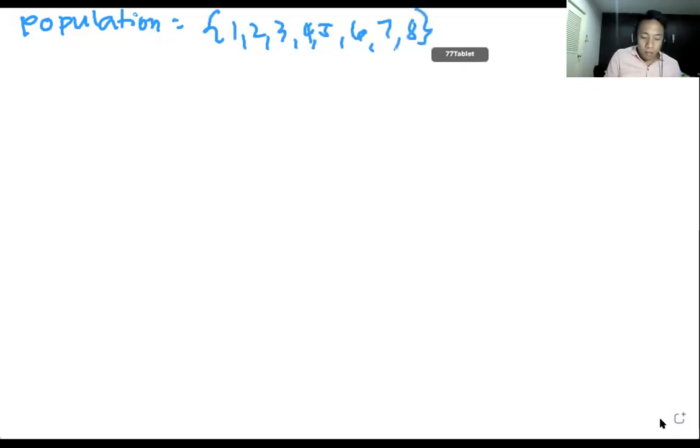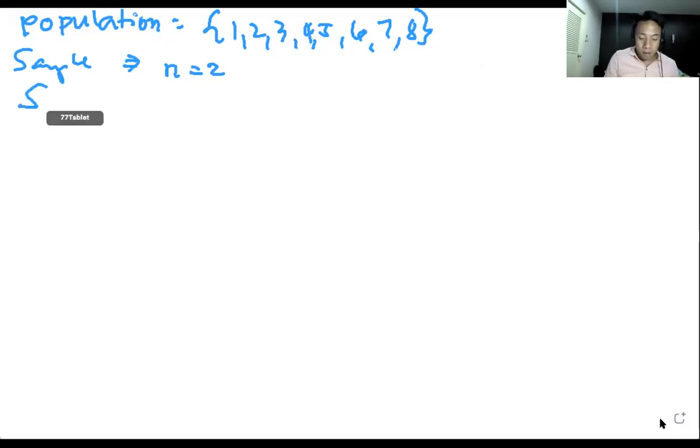Okay, and then we need to have the sample of size n equals 2, I mean, it's a pair. Okay, and we need to find the sample mean of each and the probability of each pair.